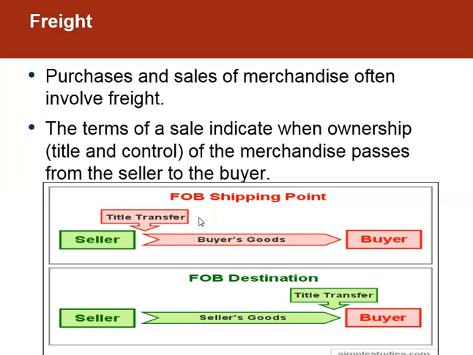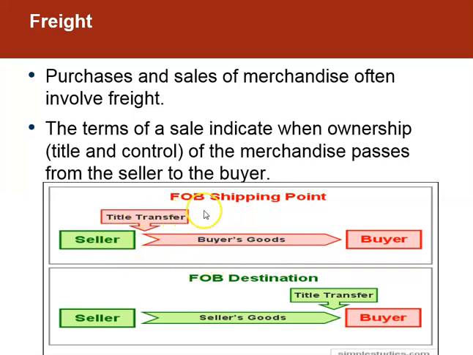Okay, so if we have a transaction for some inventory which is FOB shipping point, what that means is that as soon as the seller delivers the merchandise to the carrier, whether it's UPS, FedEx, United States Postal Service, whatever, at that point we have title transfer and these become the buyer's goods and the buyer's responsible for them.